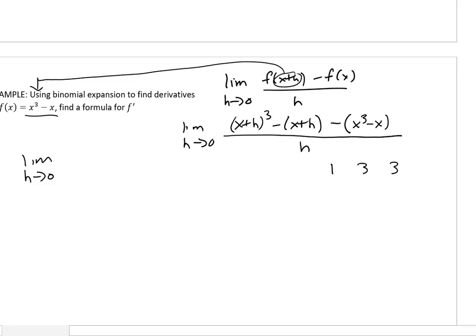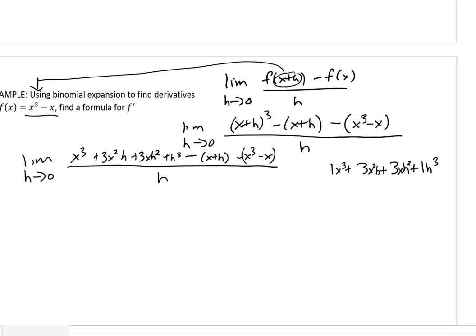And it would be x cubed plus, and then x squared and add the h, plus x, the exponent goes down for x and up for h, and then the x disappears and it's h to the 3rd. So that goes here. So it's x cubed plus 3x squared h plus 3xh squared plus h cubed minus x plus h minus x cubed minus x all over h.